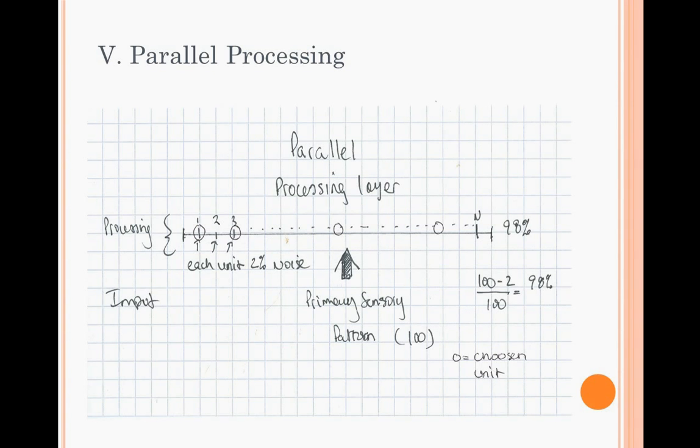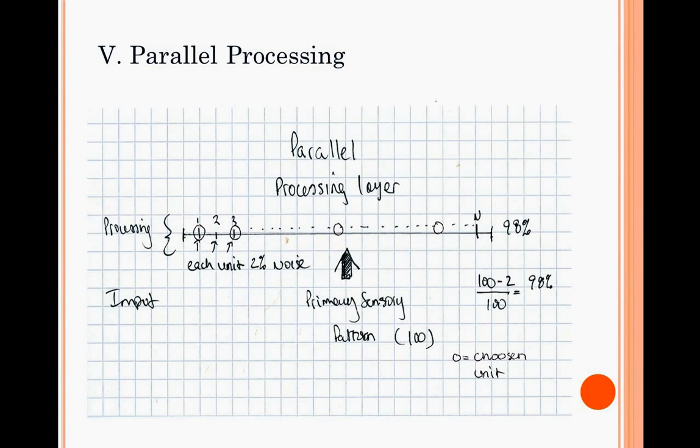So in this one, if you're looking at the bottom, your primary sensory pattern, which can also be the primary input pattern, you have 100%, and if you go through one layer of processing, because of the 2% noise, you'll have 98%, not an exponential reduction from each one being additive to the other. So this would be just the first layer at this processing level.